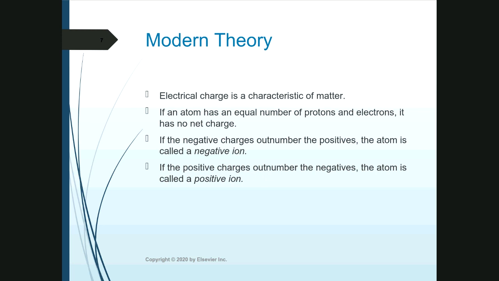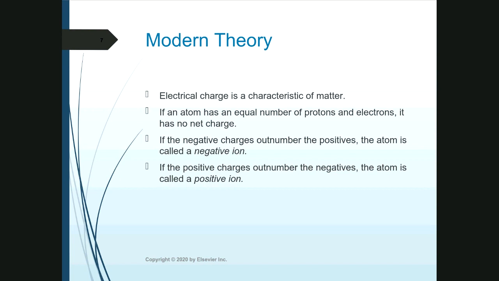So each of the positive would have a negative to counteract it or knock it out, make it neutral. So when there's an equal number of both, then it ends up being a stable or a neutral atom. If you disrupt that balance, then the atom will gain an overall charge.